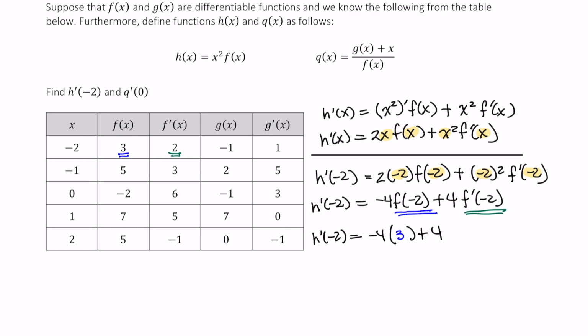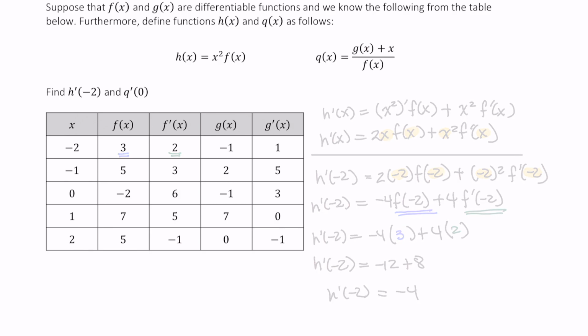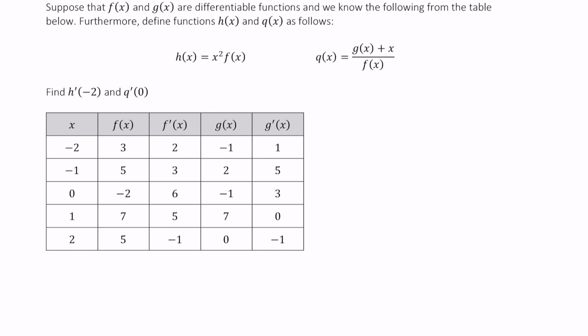That would be here. So that's 2. So 4 times 2. Now we can finish. h prime of -2 is equal to -12 plus 8, so it is just equal to -4.